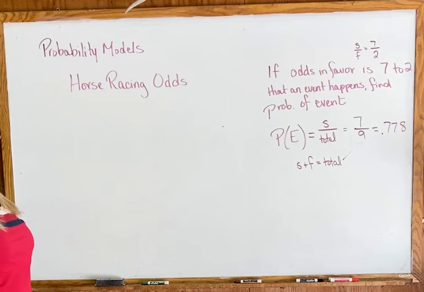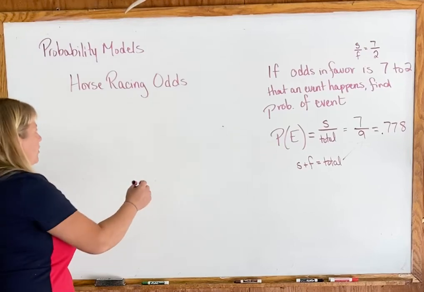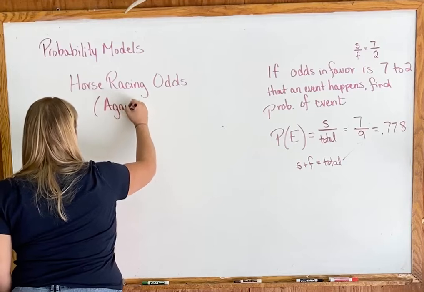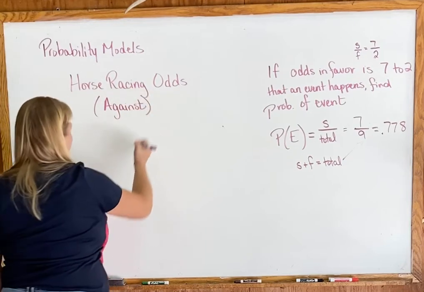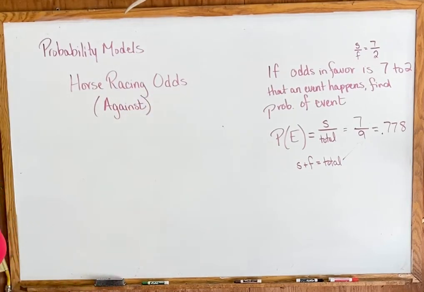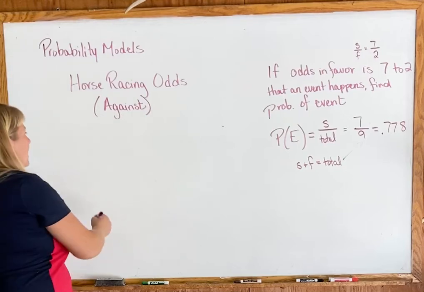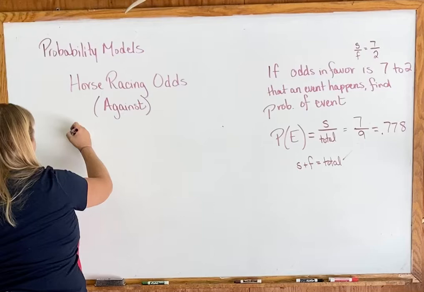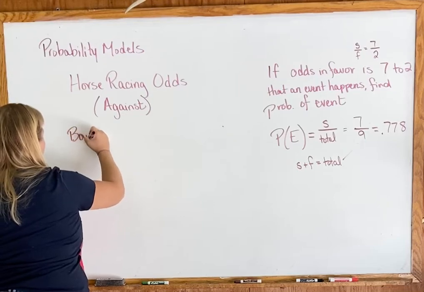Now, they don't tell you whether it's odds in favor or odds against, it just says odds. So the first thing to remember is that in horse racing, it's always odds against. Even though they just say odds, we have to assume against. So let's say that you are looking at a horse, let's call him Bouncing Bubbles.